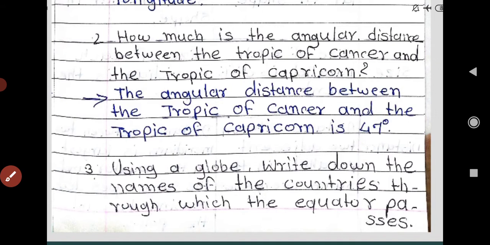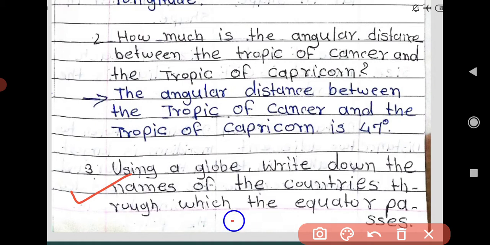Now third, using a globe, write down the names of the countries through which the equator passes.